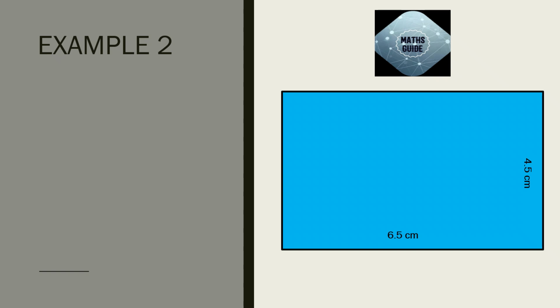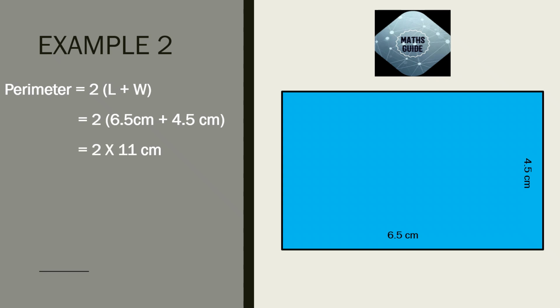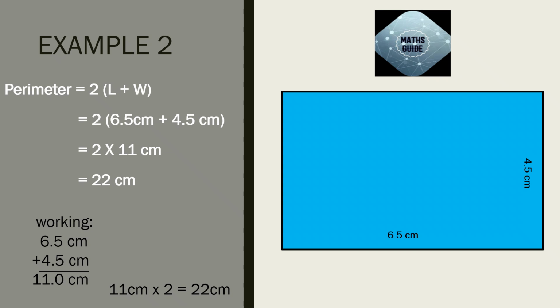Now we will put these values into the formula to find out the perimeter of this rectangular shape. The perimeter is 2 into (length plus width), as we all know. Putting the values into it, 2 into (6.5 centimeter plus 4.5 centimeter). 6.5 centimeter plus 4.5 centimeter is 11 centimeter. And when we multiply it by 2, we get 22 centimeter as its perimeter.